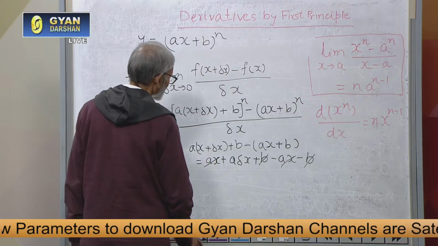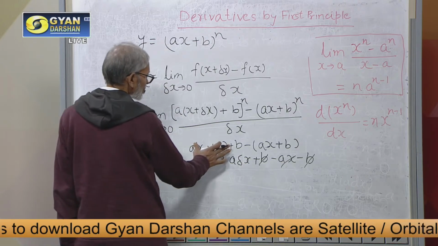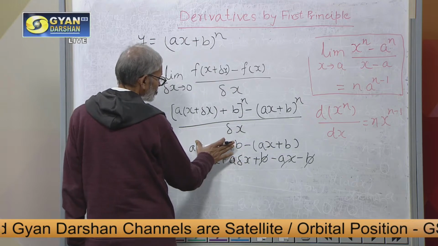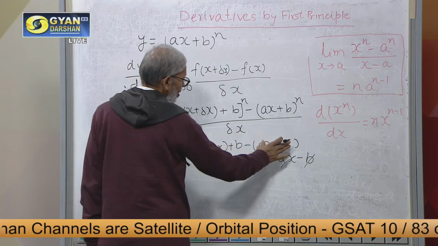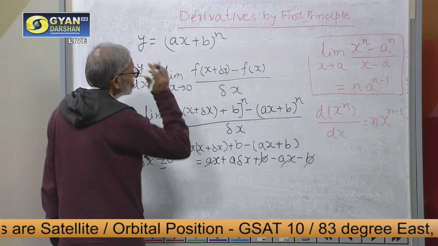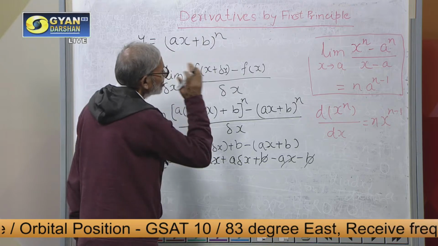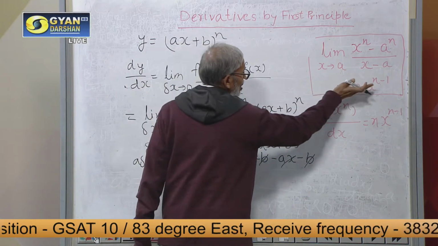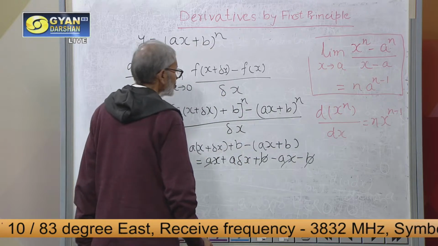It means that when delta x tends to 0, this will tend to this. So, we can use the formula n x to the power n minus 1.